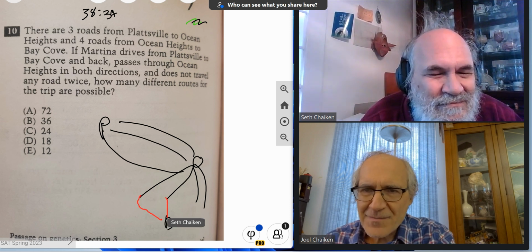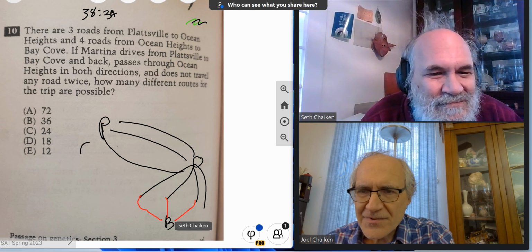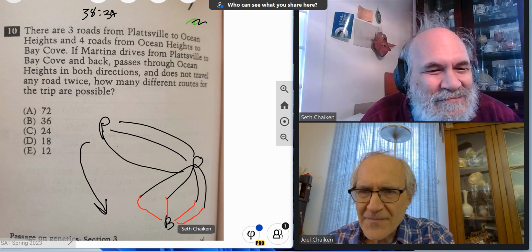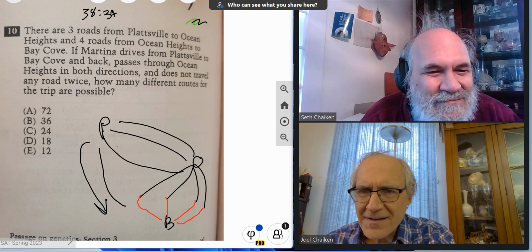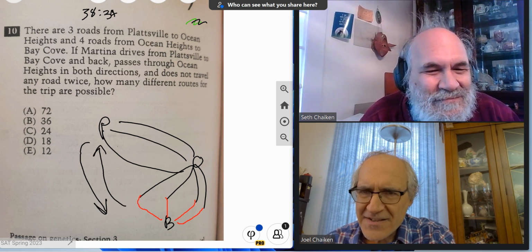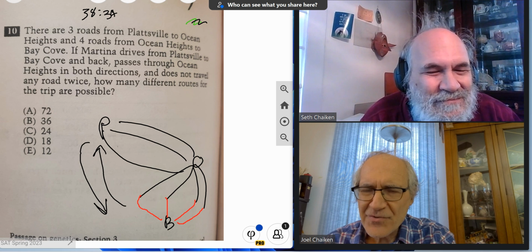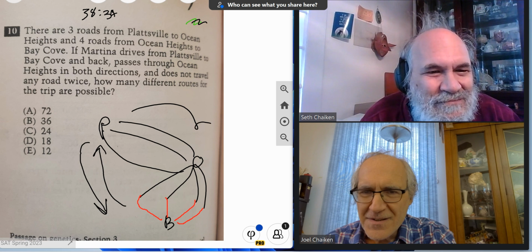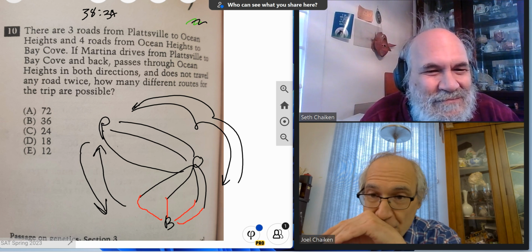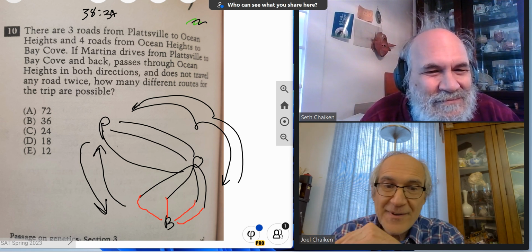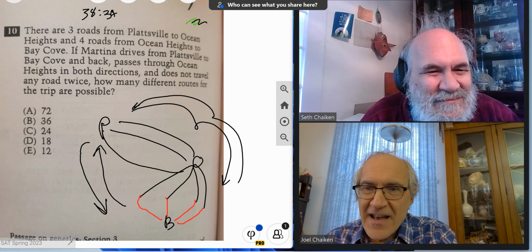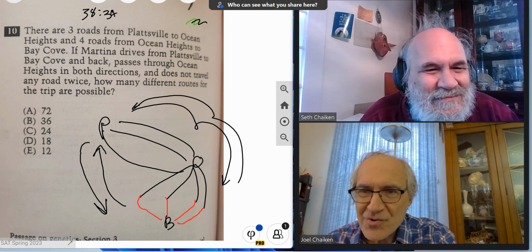If Martina drives from Plattsville to Bay Cove, so this is Martina, and back, passes through Ocean Heights in both directions. Well, why didn't they say that in the first place? Oh, God. And does not travel any road twice. Are you kidding me? Well, this would never be on the 2016 test. How many different routes of this trip are possible?